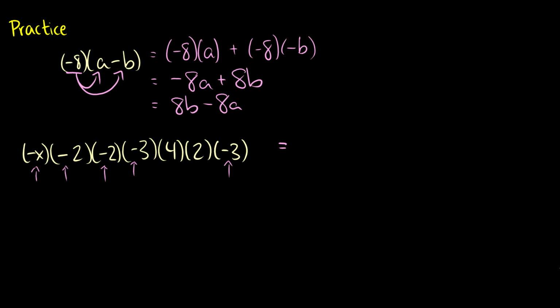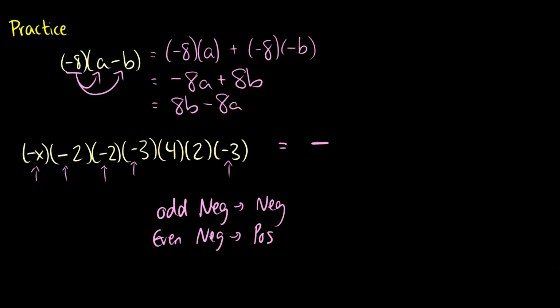Well, every 2 negatives makes a positive. So we only have 5 negatives, an odd number of negatives, therefore our final solution is going to be negative. So if you have an odd number of negatives, you get a negative solution. If you have an even number of negatives, then you get a positive solution.